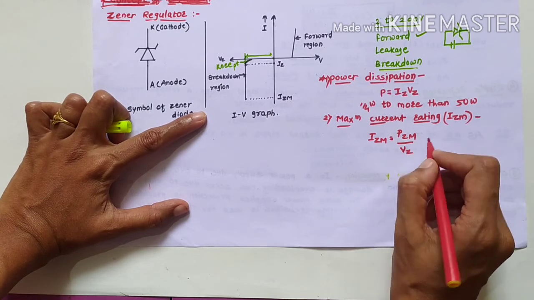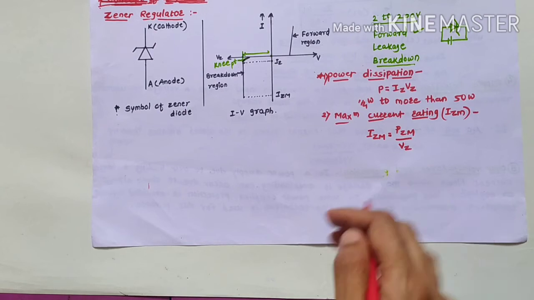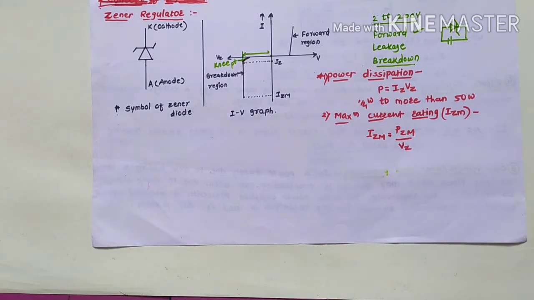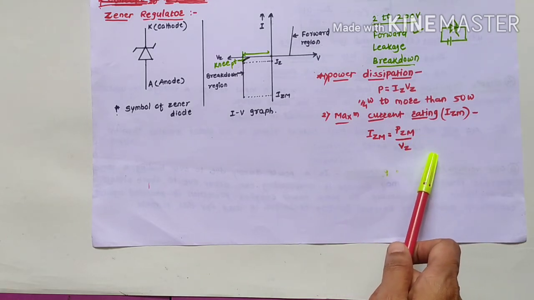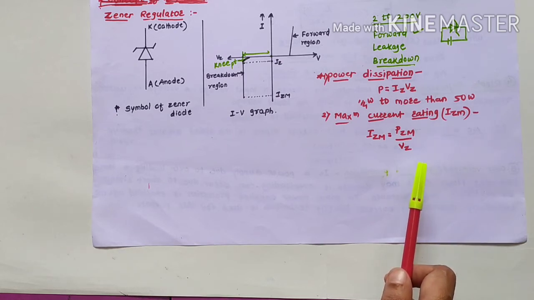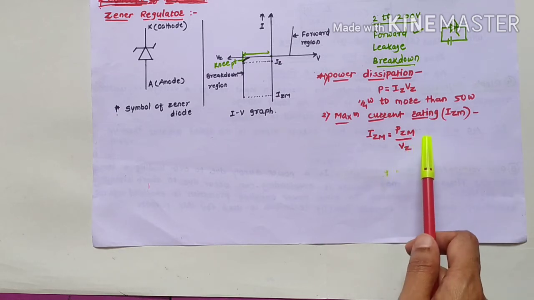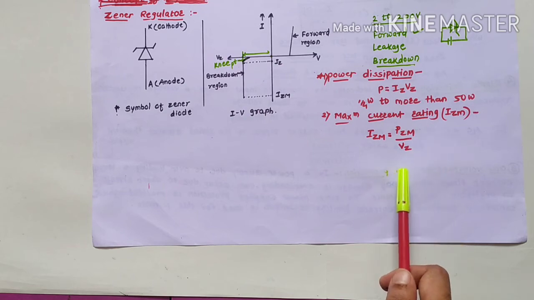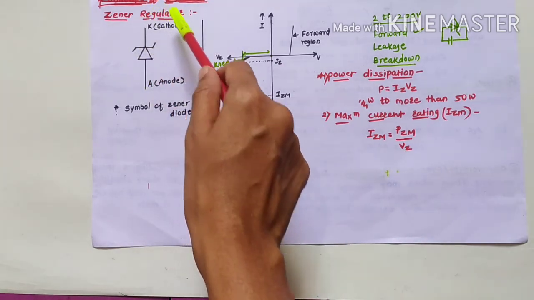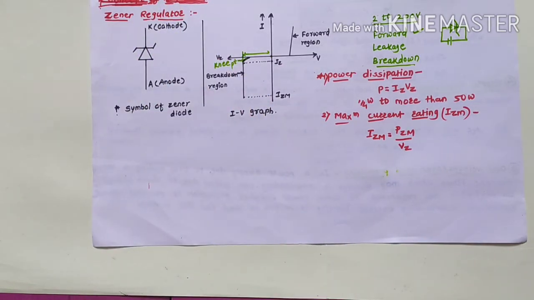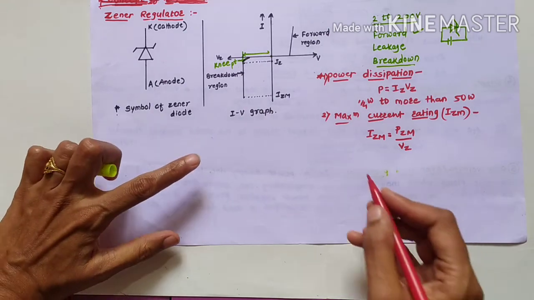By rearranging the equation, this current rating can be written as IZM is equal to PZM upon VZ. This is the maximum current a Zener can handle without exceeding its power rating, where PZM is the power rating and VZ is the voltage across this Zener diode. And third one, Zener resistance.